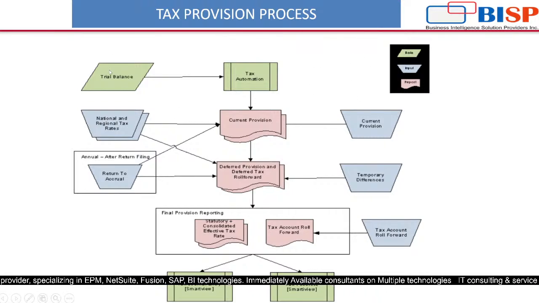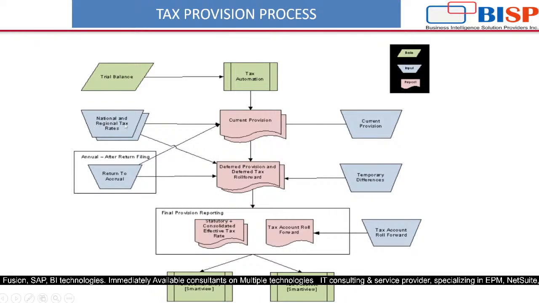So basically, when we look at the tax provisioning process, first of all, the trial balance data will be loaded or input in the tax automation, and from there the provision will be calculated by entering the national and regional tax rates.